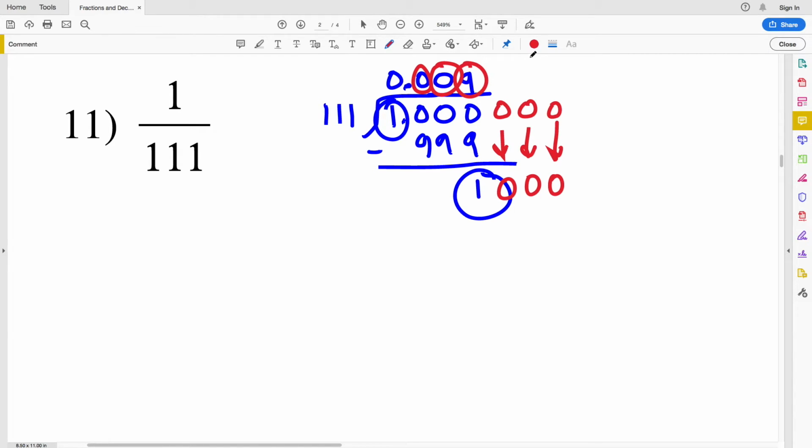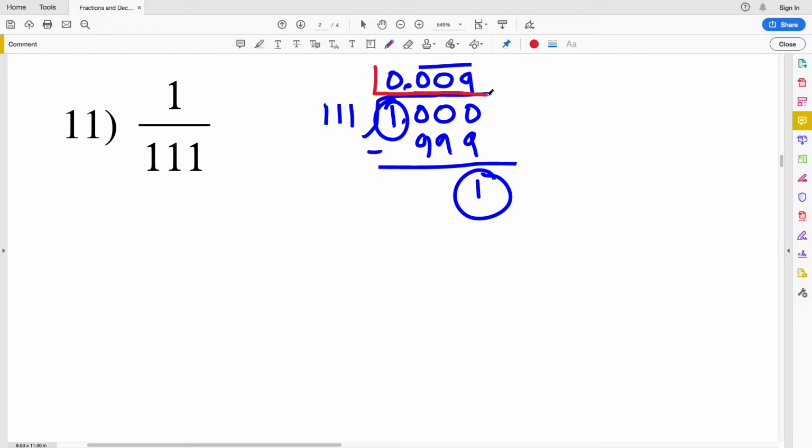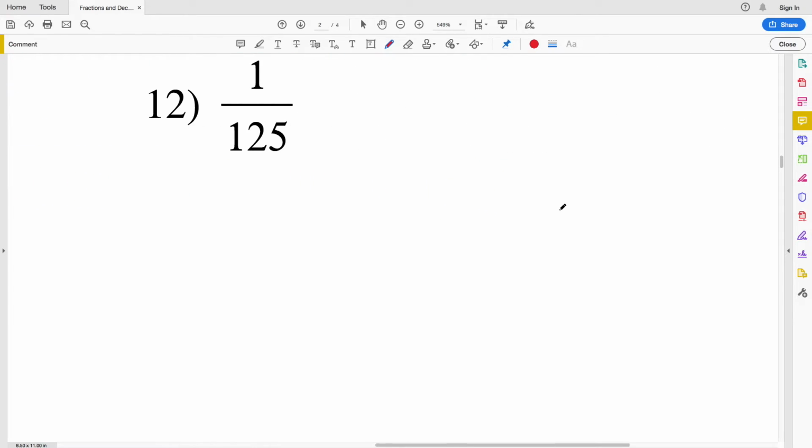So you can see that it's the 009 that will get repeated. So this is 0.009 repeating. In other words, we can say it's 9 thousandths repeating.